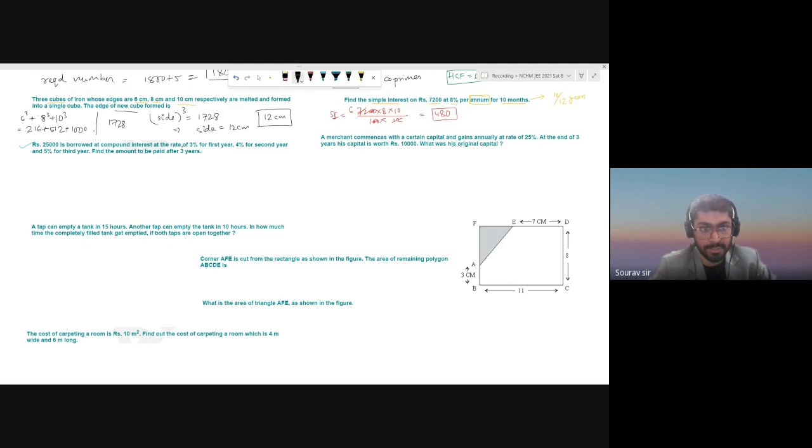25,000 is borrowed at a compound interest for the rate of 3% year 1, 4% year 2, and 5% third year. Find the amount to be paid after 3 years. So this is basically compound interest, but we have to do it like simple interest. So year 1, okay, SI will be 25,000 into 4 into 1 by 100.